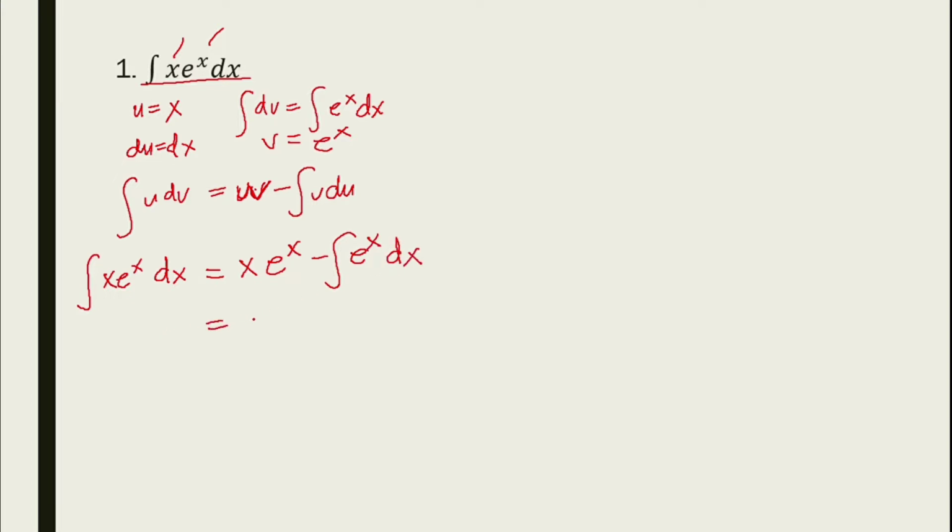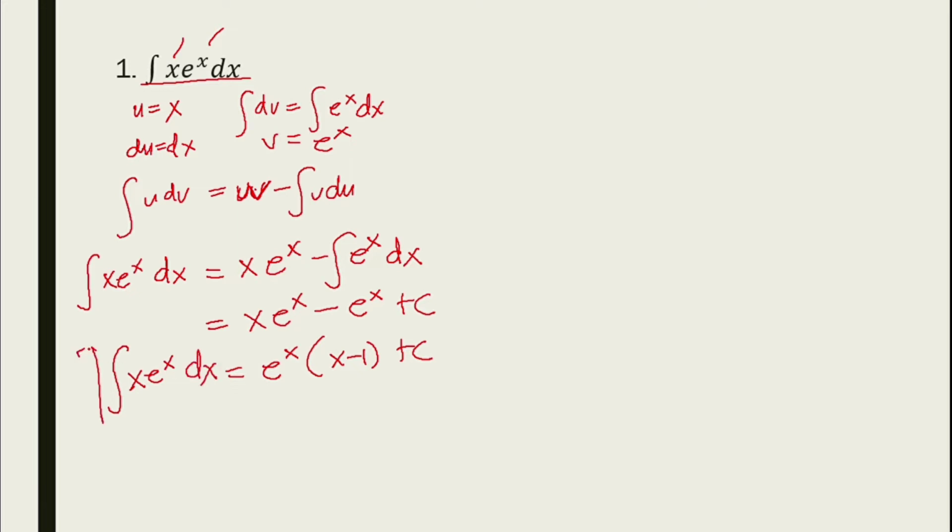So we have x e raised to x minus e raised to x plus c. Factoring, we have e raised to x times (x minus 1), plus c. Therefore the integral of x e raised to x dx is equal to this part. Okay, so that's number 1.